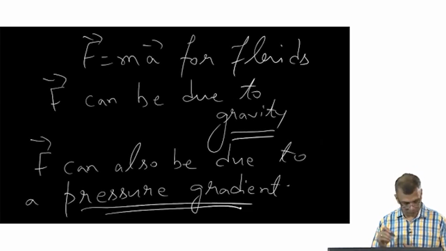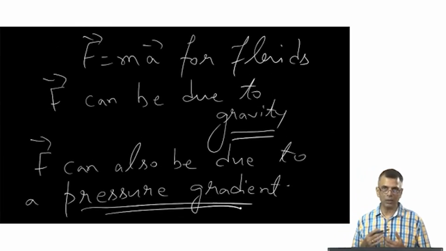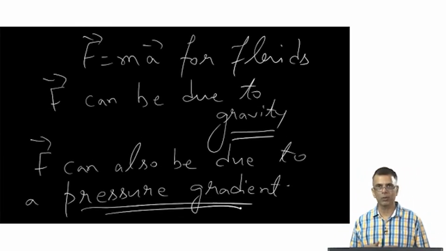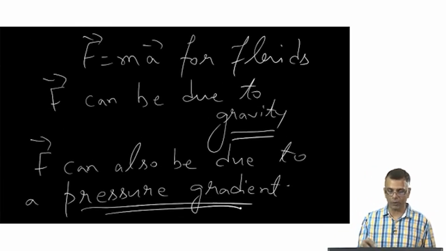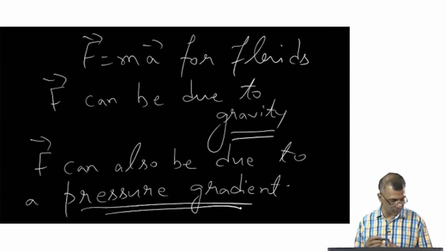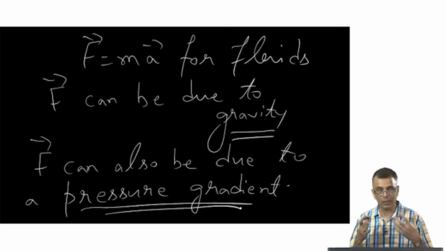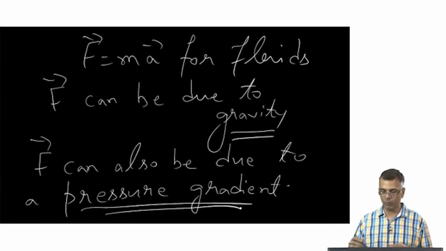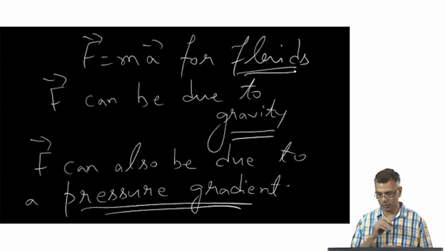This is something you would not have encountered while doing F equals ma for discrete bodies. It arises only while studying continua, in particular fluids.